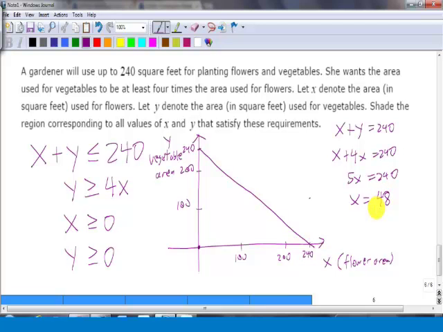And if y is 4 times 48, that's going to be 192 perhaps. So let's plot the point 48, 192.